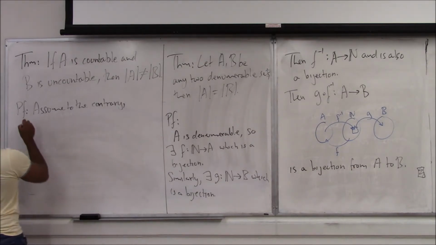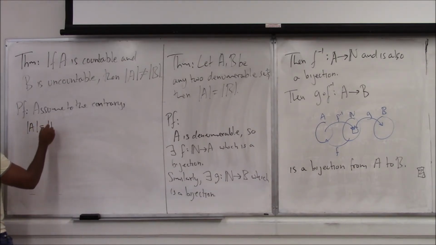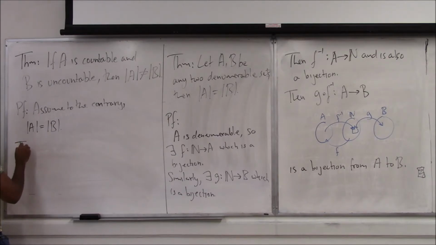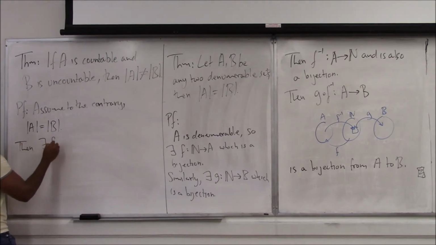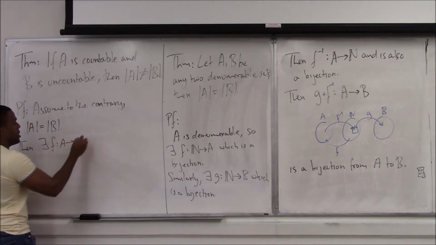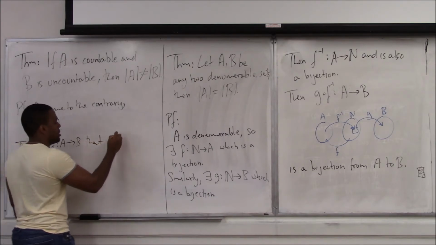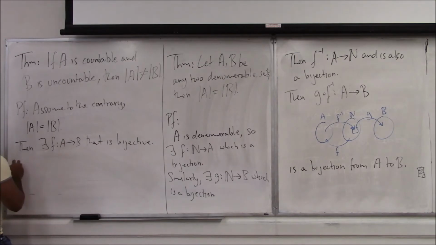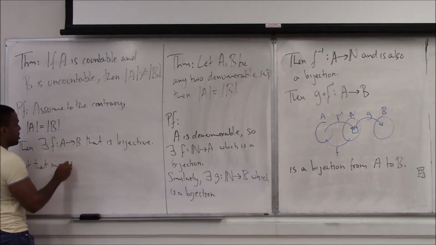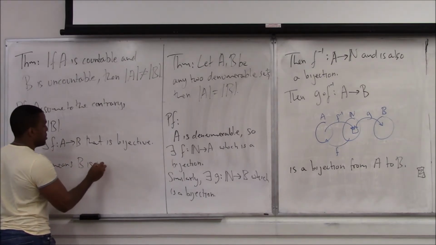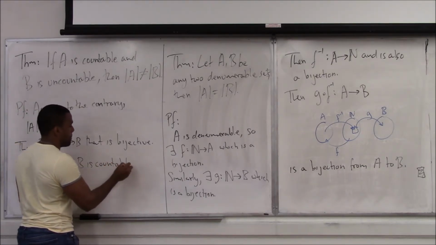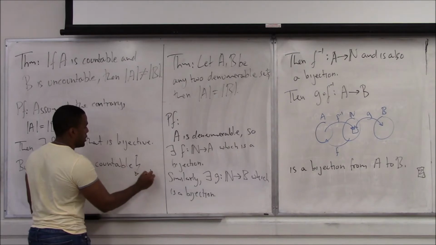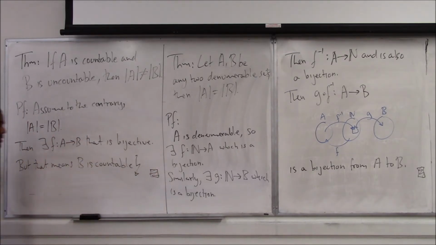Assume to the contrary that A equals B, then there exists a function from A to B that is bijective. But that means B is countable. That's a contradiction.